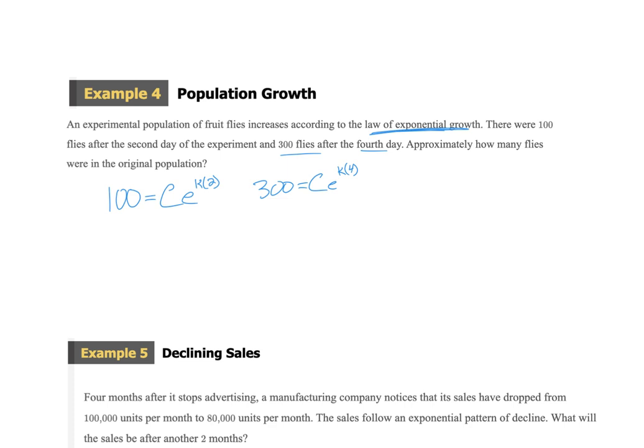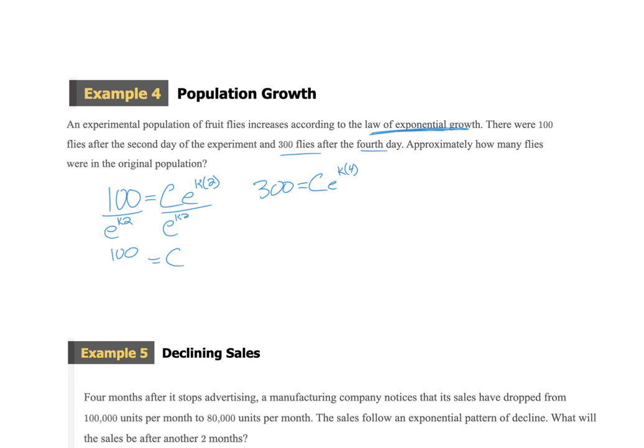So we have two equations with two unknowns. So we can solve for our unknowns, which is our initial population. And we could also solve for the proportionality constant. So what I'm going to do is I'm going to divide by e to the k2 here to figure out what c is, or at least an expression for c.